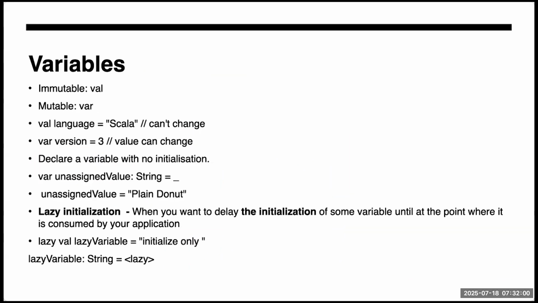Now let's try to understand val and var. Val is immutable. In Scala, whenever you define any variable, you have to use either val or var. Val is immutable, var is mutable.